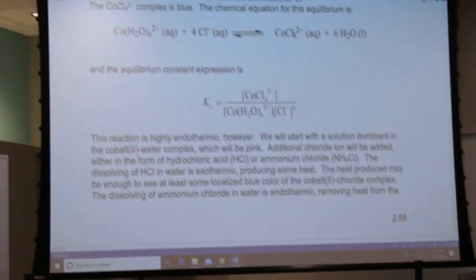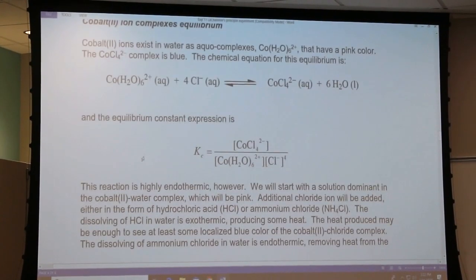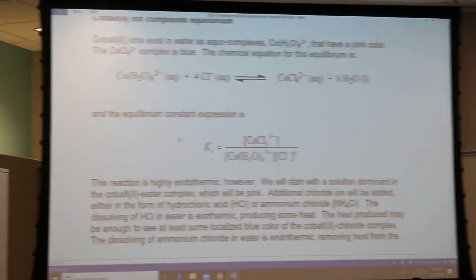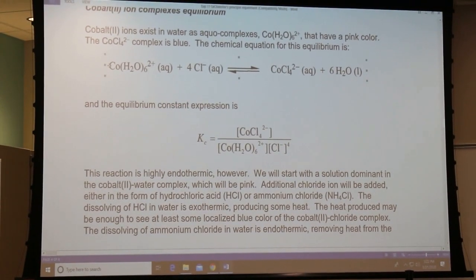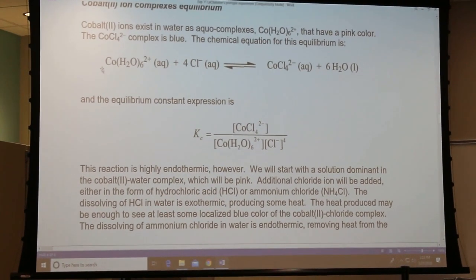And scroll so that the whole thing's on the screen. The cobalt-2 water complex is pink. That's the species on the left-hand side. So right now the equilibrium is very much reactant favored.